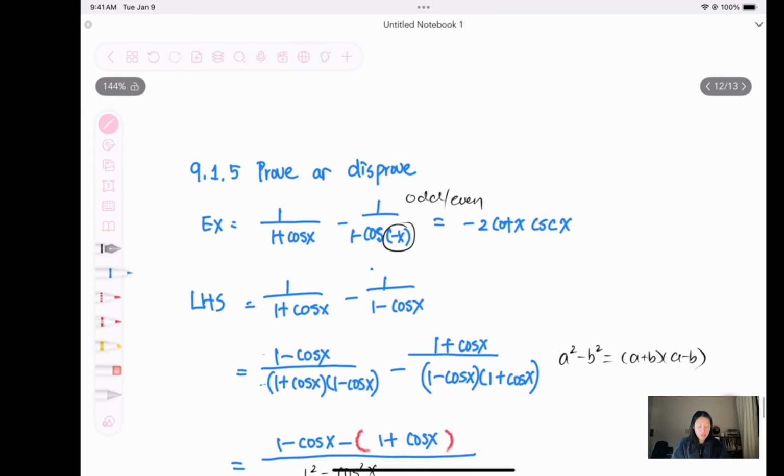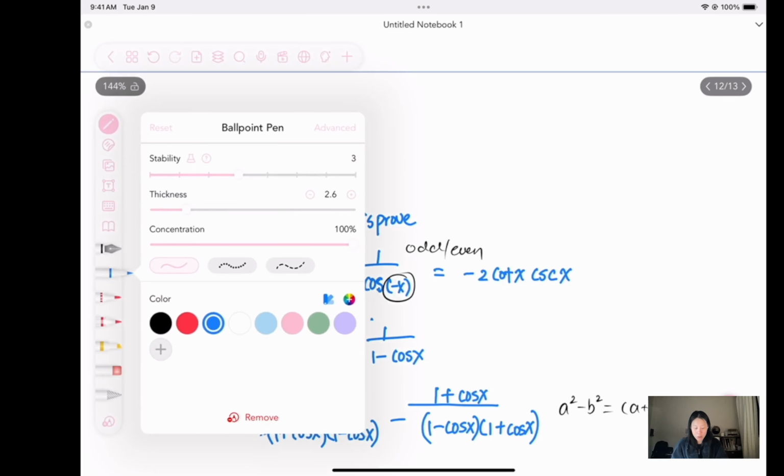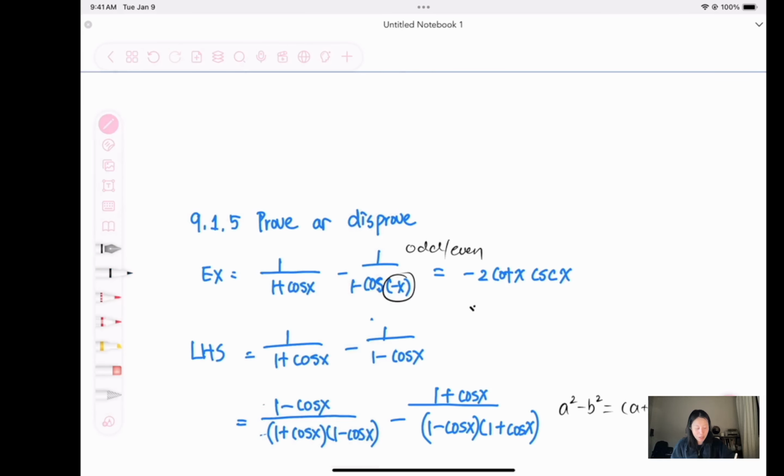Well, that still looks a little bit off from the right-hand side. Maybe because you're not familiar with the right-hand side. If I can write the right-hand side in terms of sine and cosine, everything looks easier. So this should be cosine over sine. And cosecant is 1 over sine x.